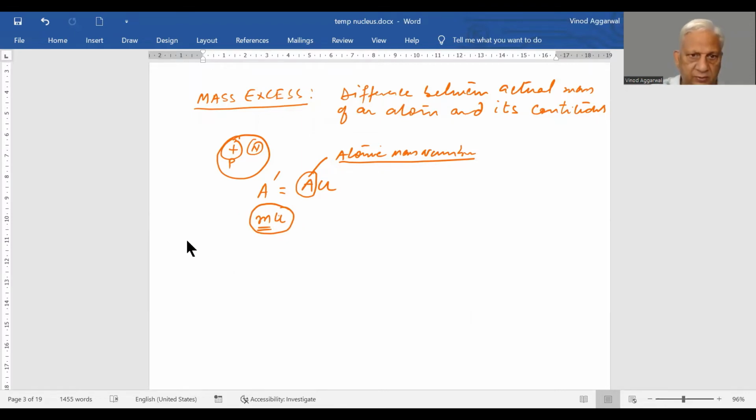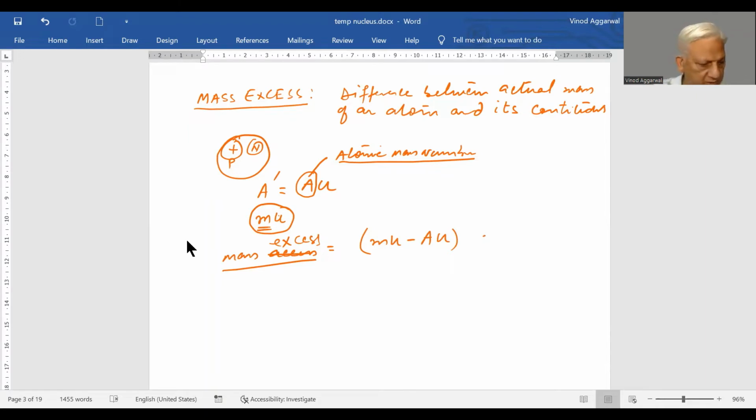The difference between the two is called mass excess. This is defined as actual mass minus mass as per atomic mass number.